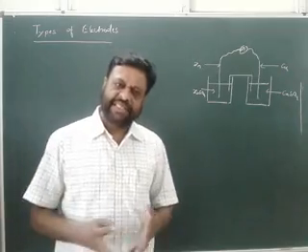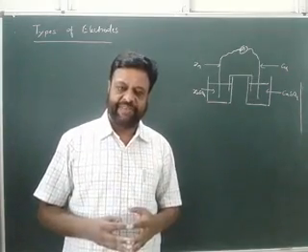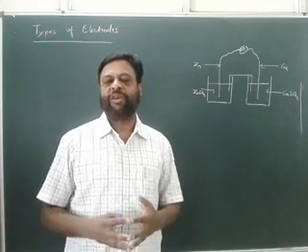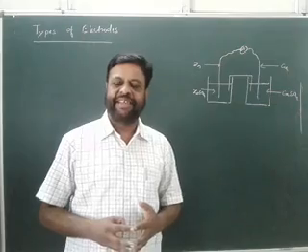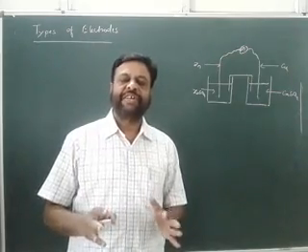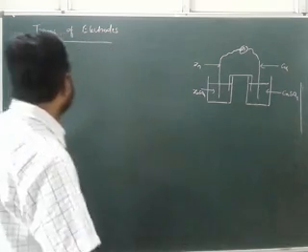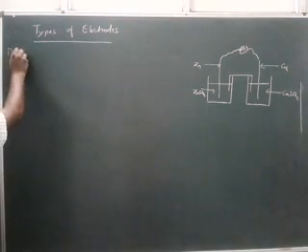So there are various types of electrochemical cell, chemical cell, concentration cell. Depending upon the use of an electrochemical cell, there are various types of single electrode. The first type of single electrode is the metal ion electrode.